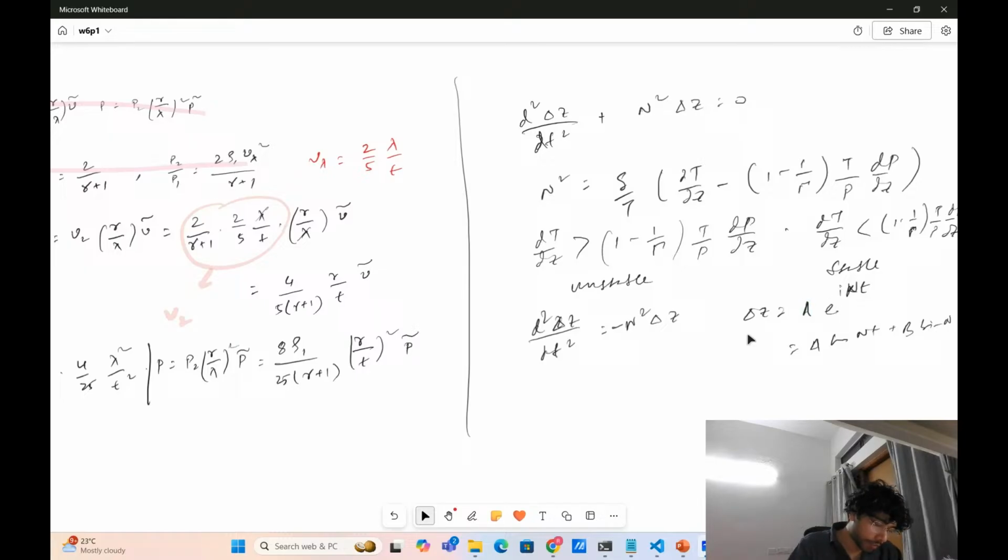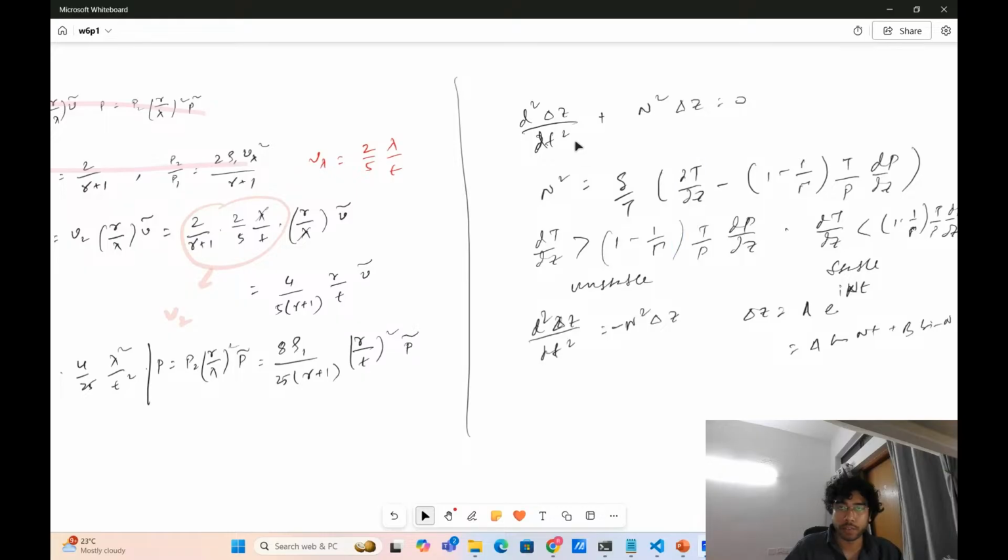On the other hand, if the system is unstable, then dT/dz is greater than this, so N squared is basically positive.